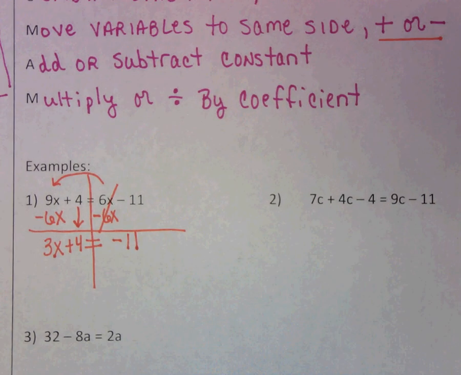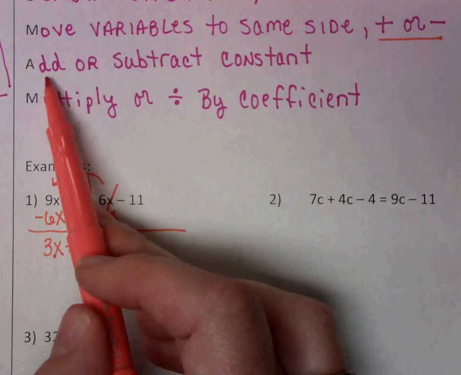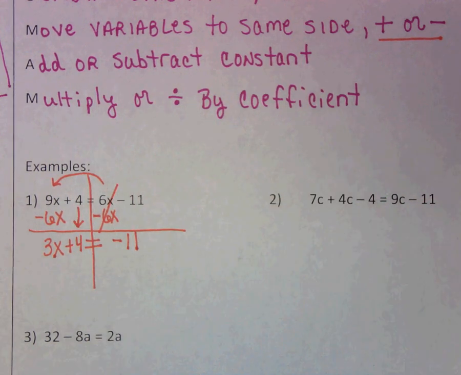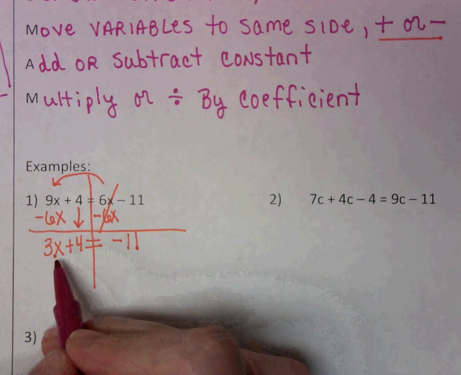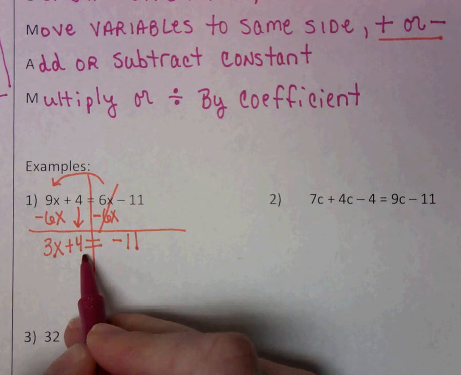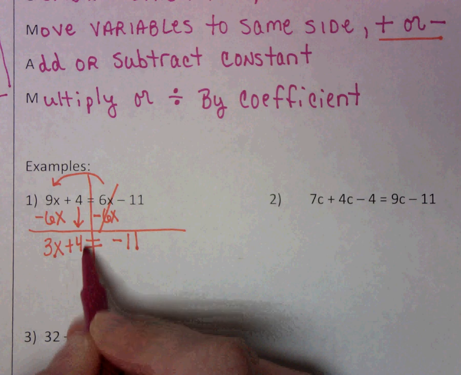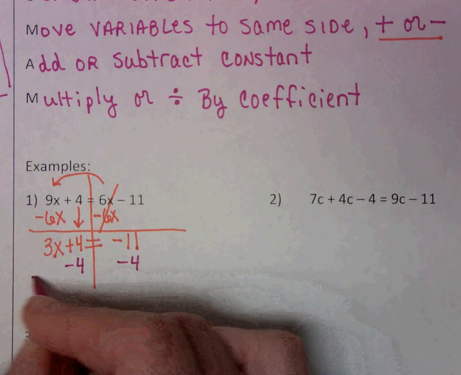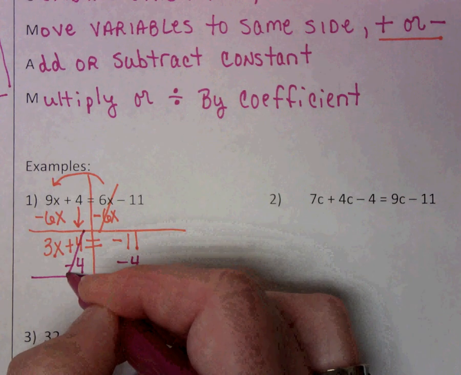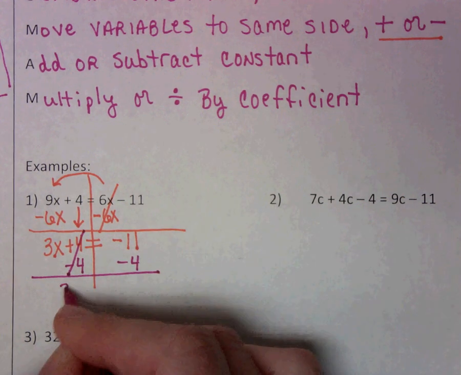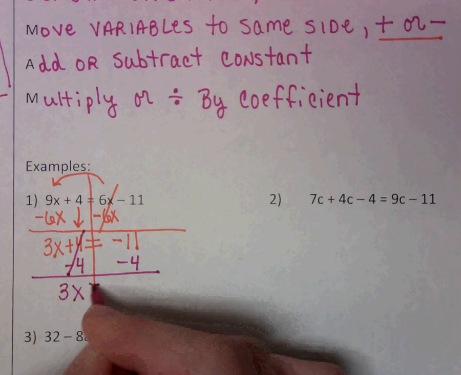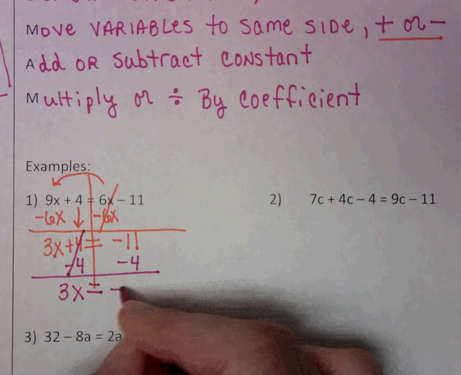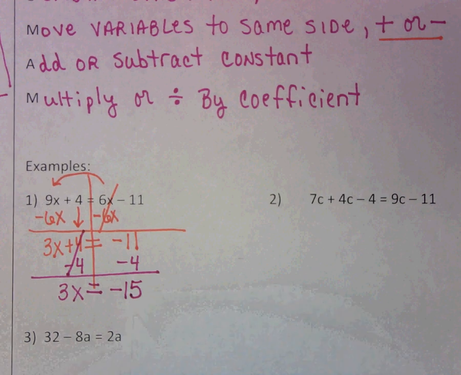Now, do you notice you're down to just a regular two-step equation now? Super easy. Our next step is to add or subtract the constant. Remember, we're trying to get x by itself. Our constant is 4. This is plus 4, so I'm going to write minus 4. Okay, created my zero pair, so now I have 3x equals, now be really careful, pay attention to your integer rules, this would be negative 15.